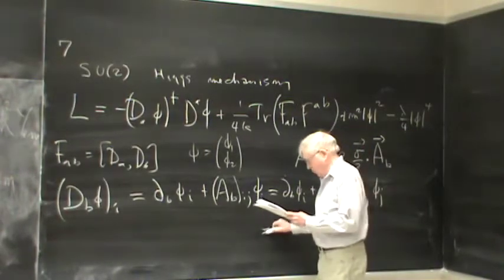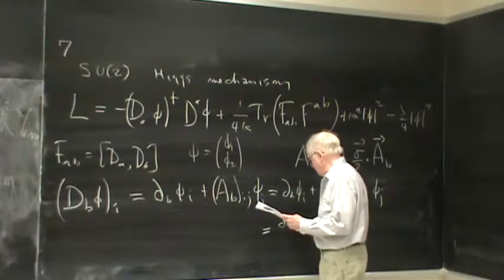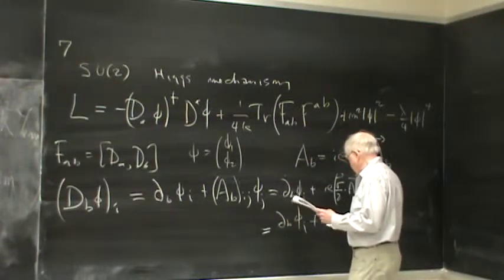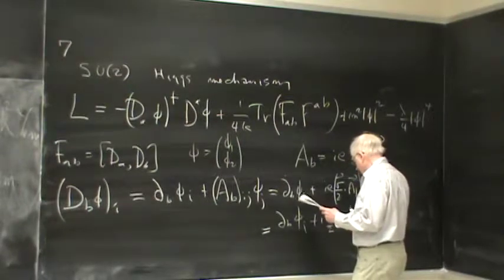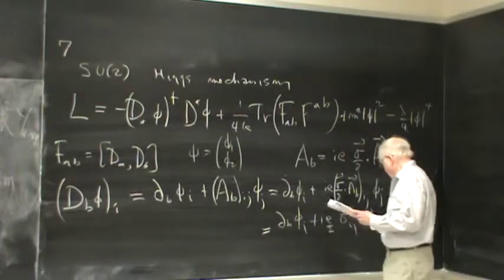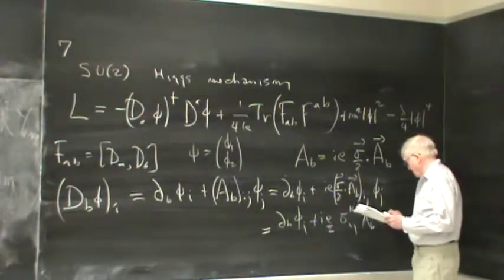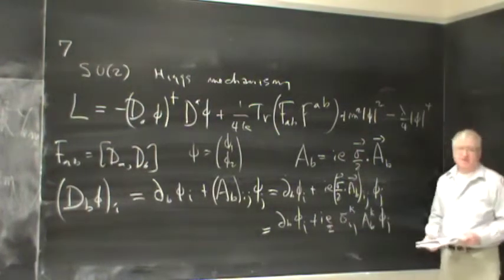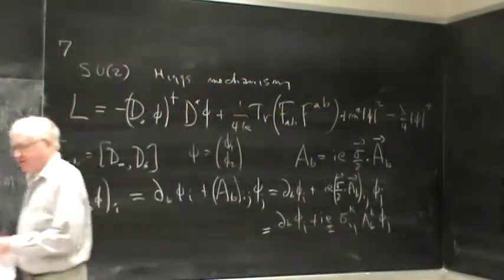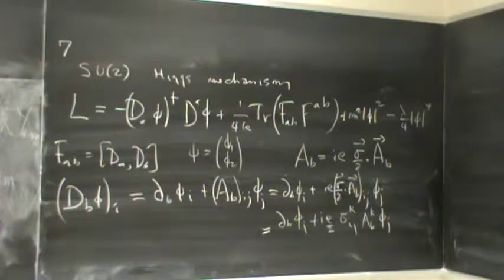And even more explicitly, this is d_B phi_i plus i e over 2 sigma^k_ij A^k_B phi_j. Okay, so with all the indices explicit, that's what this is.